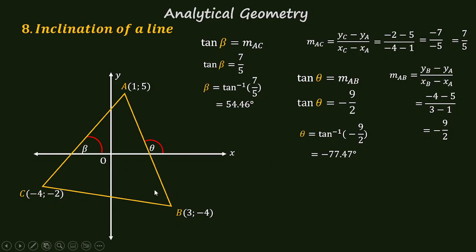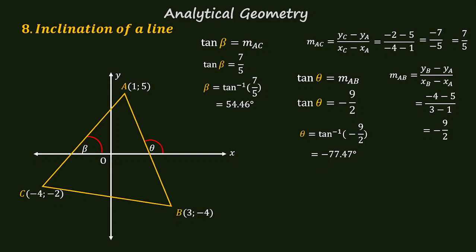So if you have -77.47 degrees, you can make it a positive value by adding 180 degrees. If you add 180 degrees, this angle will take you into the second quadrant. It will be an obtuse value, which is more than 90 degrees, but it will still be the same as -77.47.